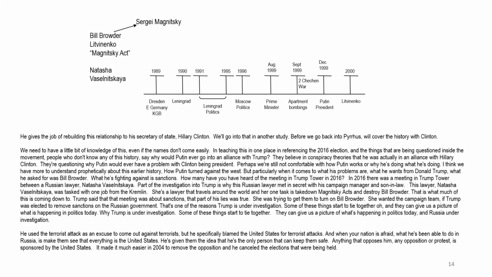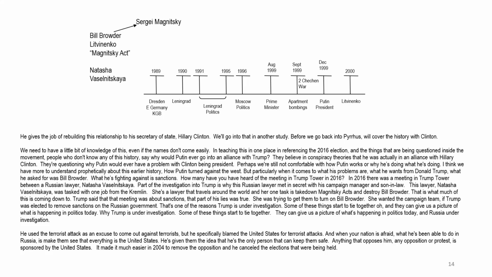They believe in the conspiracy theories that he was actually in an alliance with Hillary Clinton. They're questioning why Putin would ever have a problem with Clinton being president. Perhaps we're still not comfortable with how Putin works or why he's doing what he's doing.